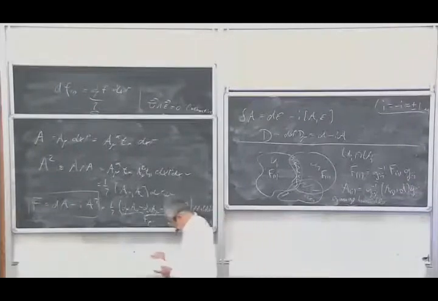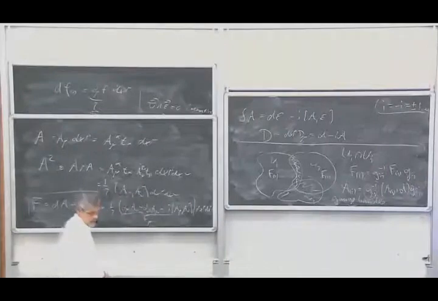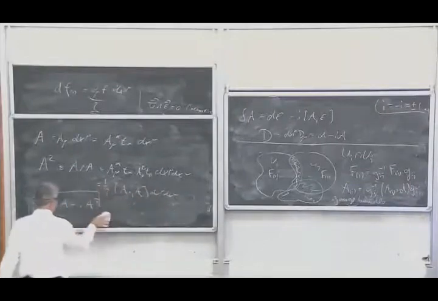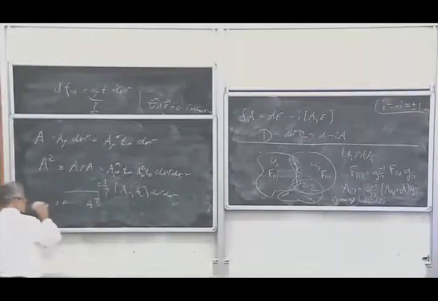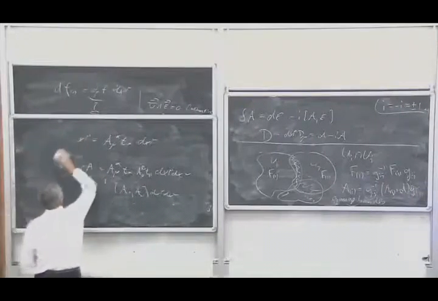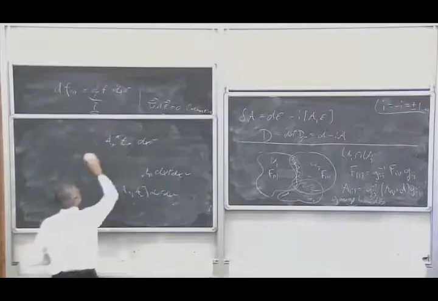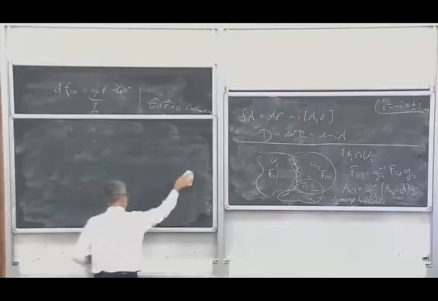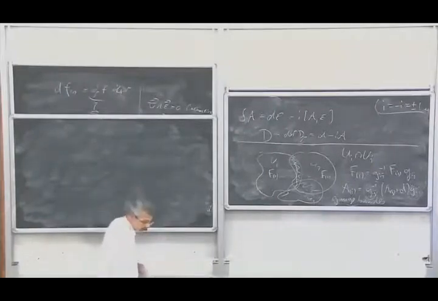So let me give you a very simple example. Now we're going to look at a very simple gauge theory, which is U(1) gauge theory, called electromagnetism. And we forget about time, so we are just looking at static configurations again.